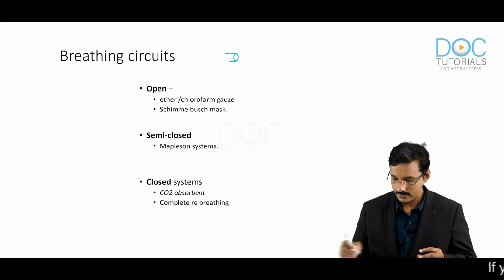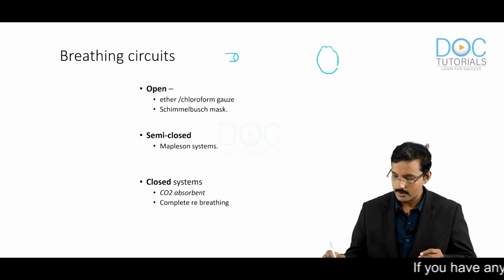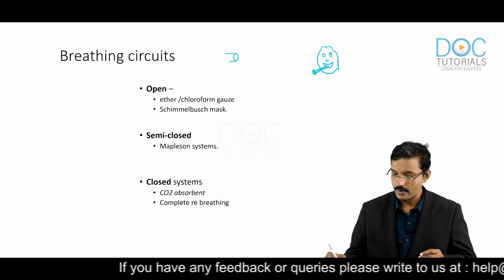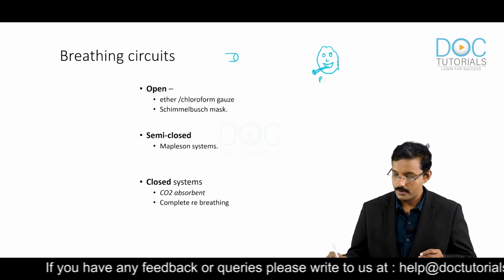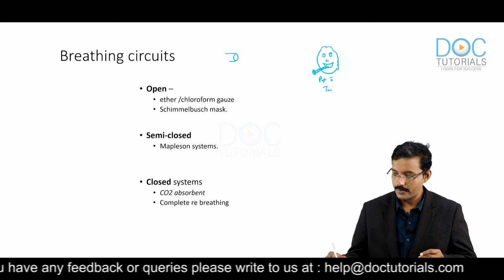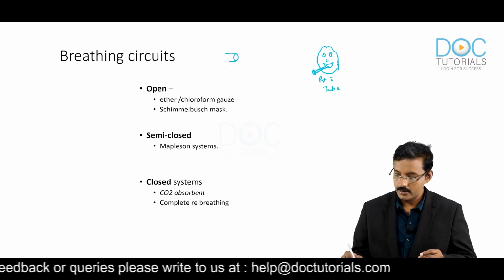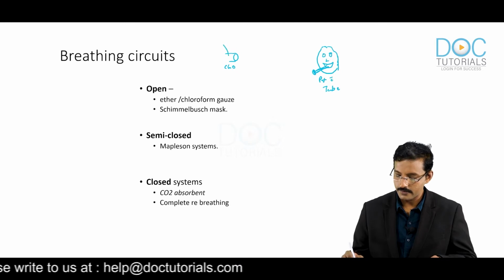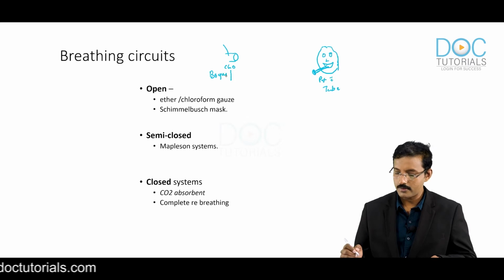this is a common gas outlet, and imagine this is a patient and the patient has got an endotracheal tube. So this is a patient with tube and this is a common gas outlet of the Boyle's machine.